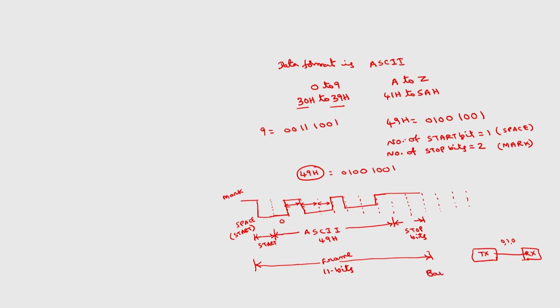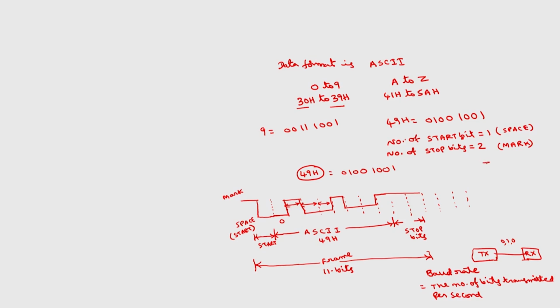This is one of the important parameters. Baud rate is defined as the number of bits transmitted per second. So, this actually depends upon the various devices, this varies.